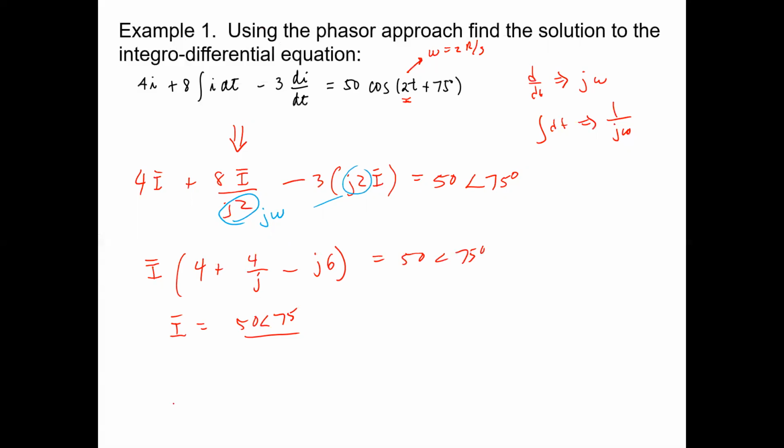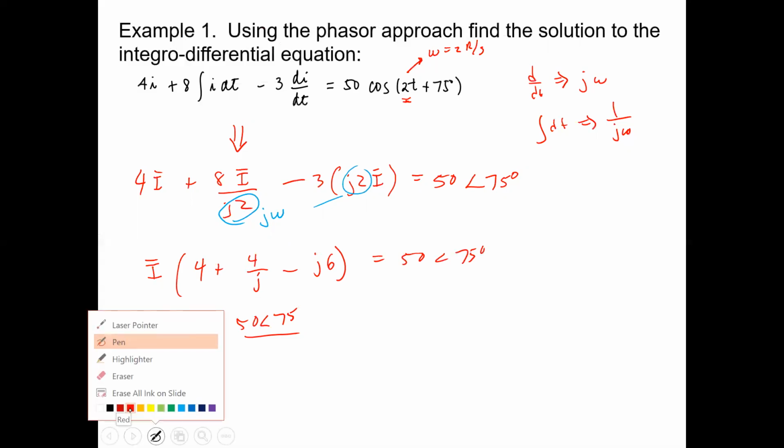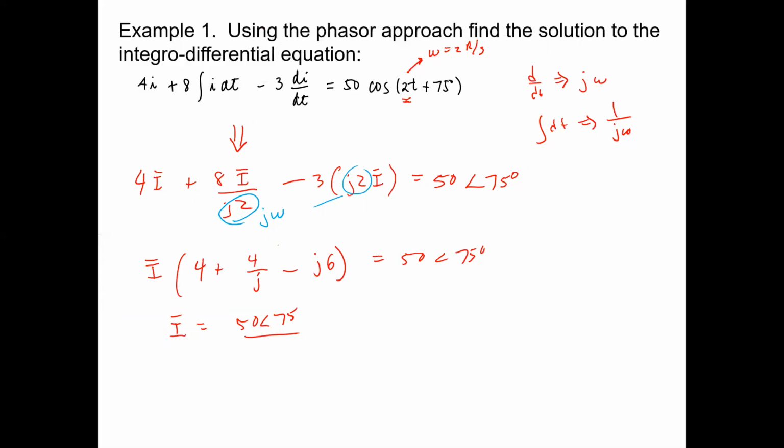You can turn 4 over j into, if you multiply 4 over j by j over j, minus 4j, right? So minus 4j minus 6j is going to be minus 10j. So on the bottom this will just be 4 minus j10. And so you're just working with complex numbers now. This is the beauty of it.